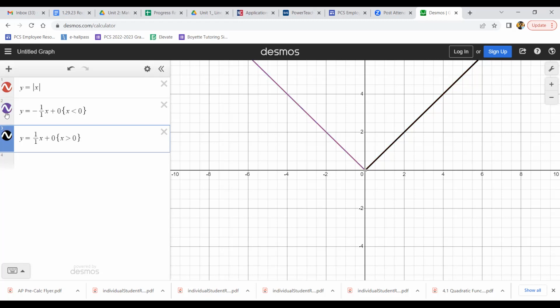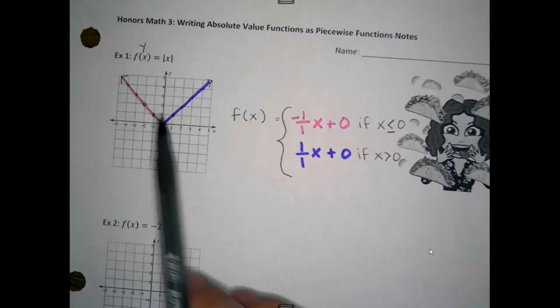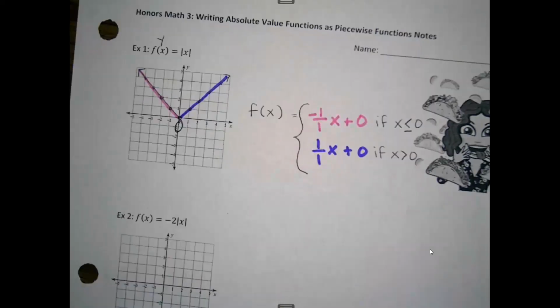You guys see that? Okay. So it's just another way of graphing an absolute value. And again, the reason we're learning this is because in future math classes, they don't like to use absolute value. They want to use pieces that are easier to work with instead. And a straight line is easier to work with than a V-shaped graph. And so we translate them into the straight line graphs instead.